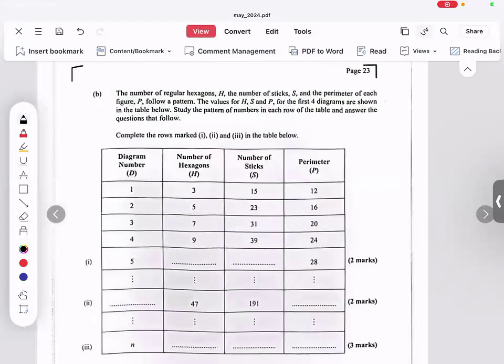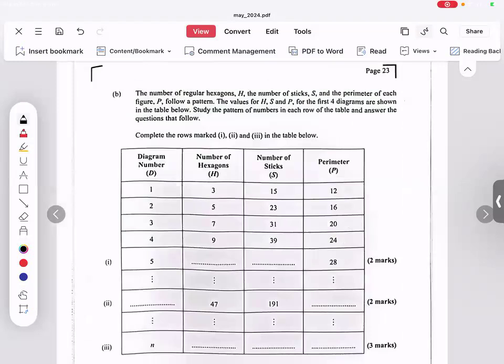All right. So the number of regular hexagons H, which is this side right here, and the number of sticks S, which is right here, and the perimeter of each figure P, right here, follows a pattern.